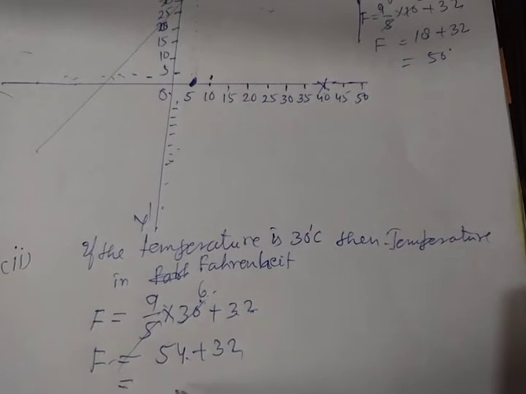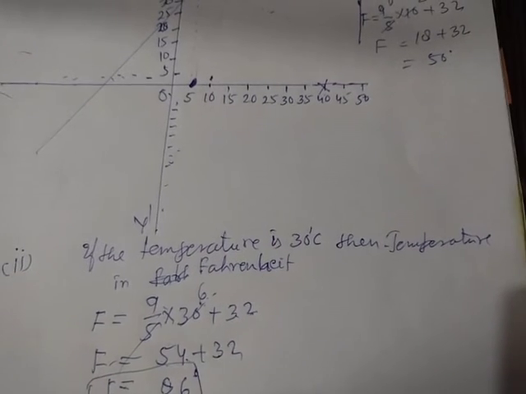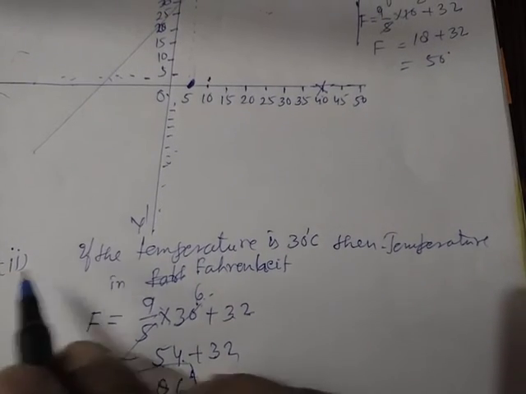Then 4 and 2 is 6, 5 and 3 is 8, that is 86 degrees Fahrenheit. Okay, that is the answer for the second part.